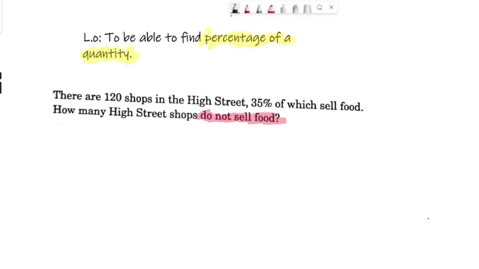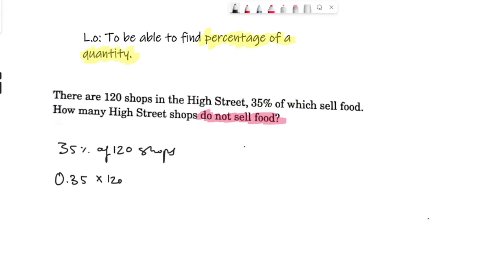There are 2 different ways of doing it, but let's do the easy way. First, we'll figure out how many shops sell food. We know that 35% of 120 shops sell food. So the multiplier will be 0.35 of 120.